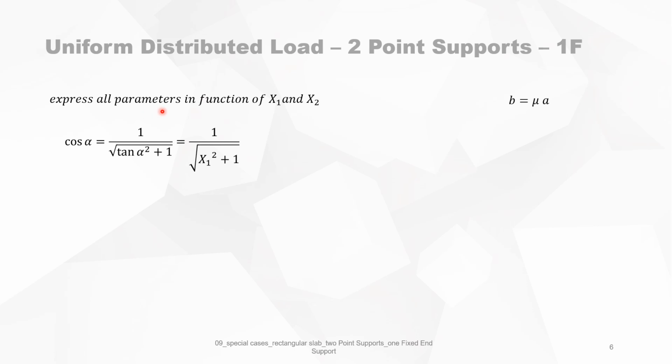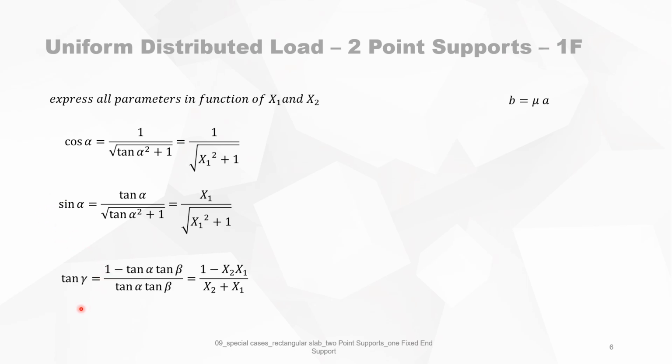Cosinus alpha can be expressed in function of tangents alpha, so it's easy to express it in function of x1. Sinus alpha, the same. The tangents gamma is in fact equal to the cotangents of alpha plus beta. This can be expressed in function of tangents alpha and beta, and you have this expression.